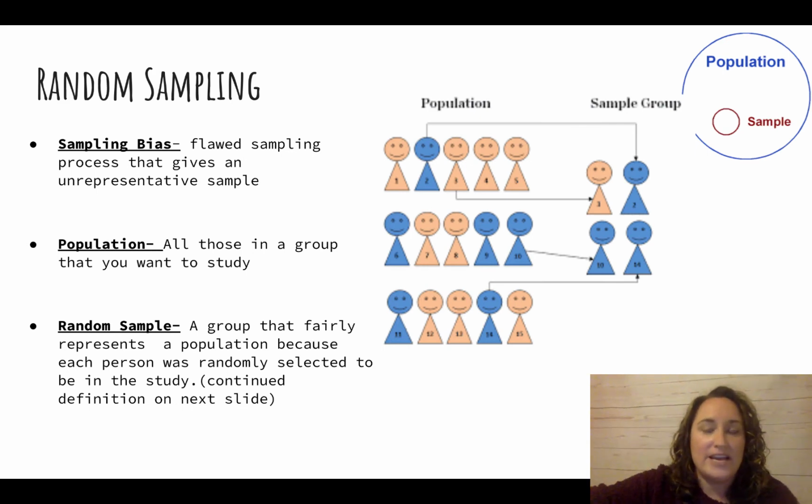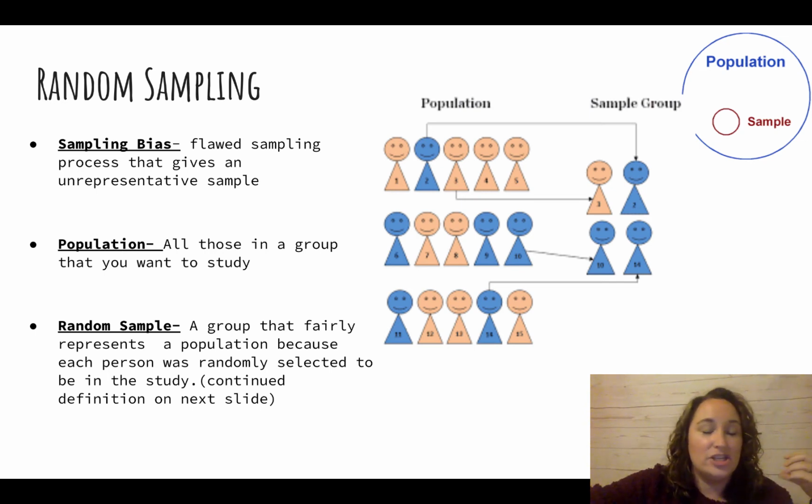Okay, so in a correlational study or an experiment, there is something called random sampling. Random sampling is a group that fairly represents the population intended. If we are trying to study college students, then the pool of people should be college students, but it should be random.